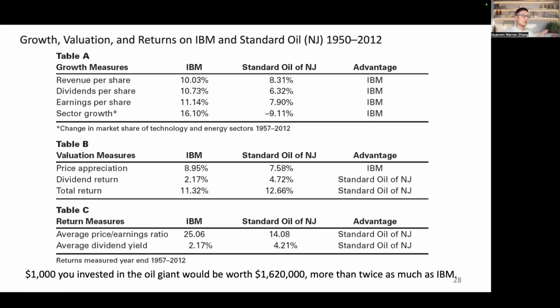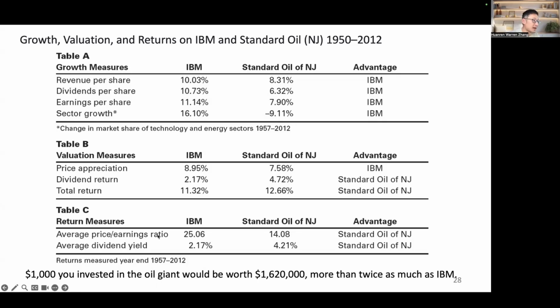So people would expect IBM to have a better future. It probably indeed has a better future in terms of growth and corresponding dividends and earnings. But at the same time, it's overvalued because of the expectation of future growth. Maybe people are too optimistic about the future of IBM.